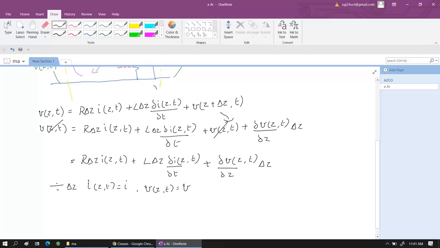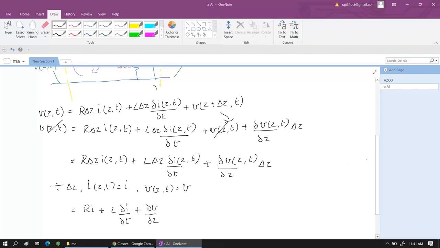This side we have 0, because I have cancelled that. So this equation is equal to R I, because the Δz cancels with the Δz which I am dividing by, plus L ∂I/∂t plus ∂V/∂z.